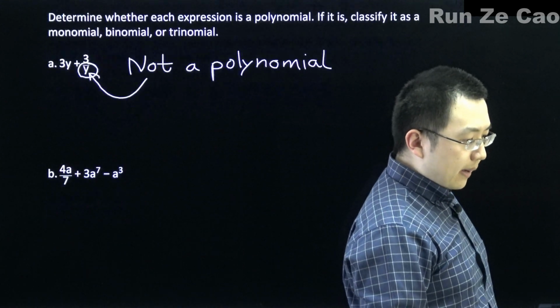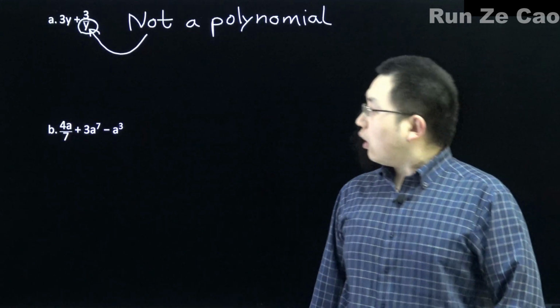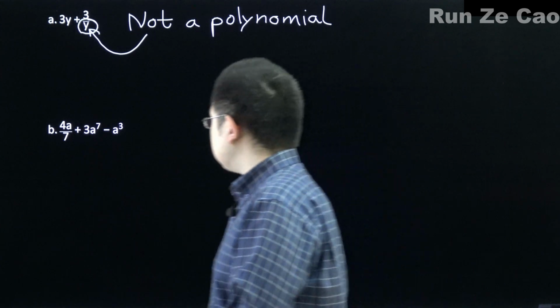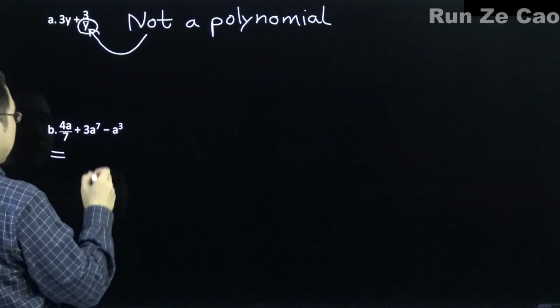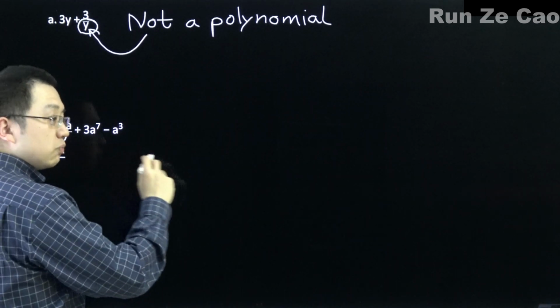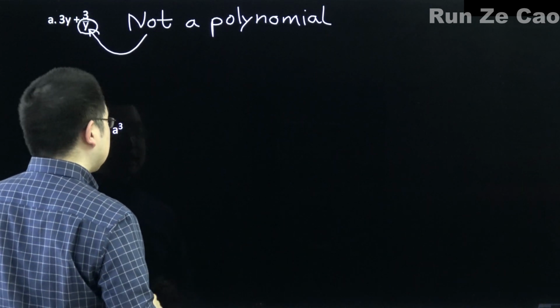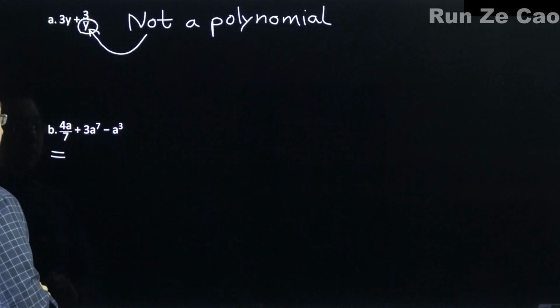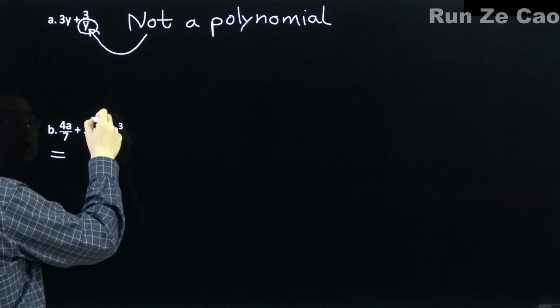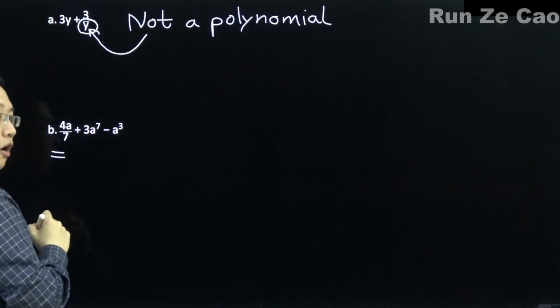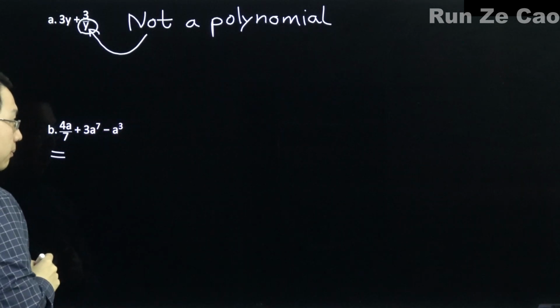Okay, what about this one? It's 4a over 7. Now, we are supposed to write polynomials from greatest degree to smallest, and then in alphabetical order within each degree. The degree is the sum of all the exponents in a term.